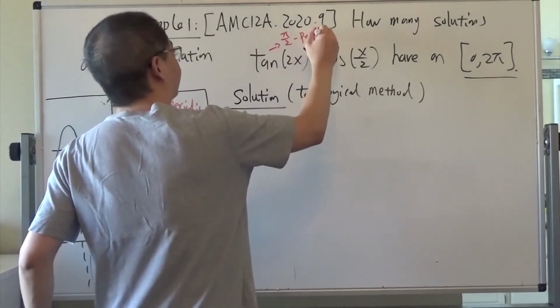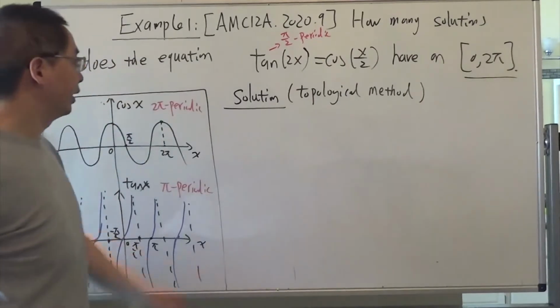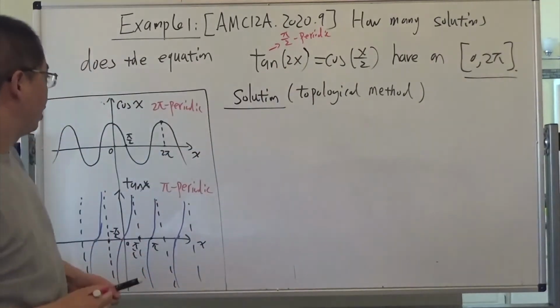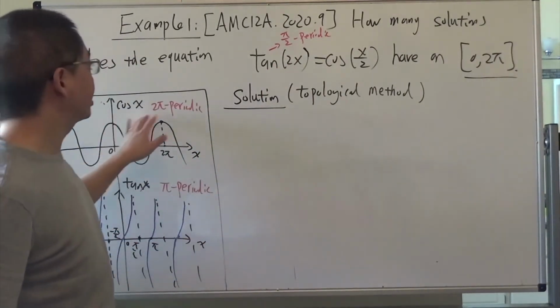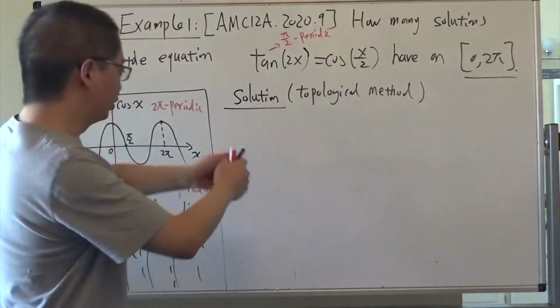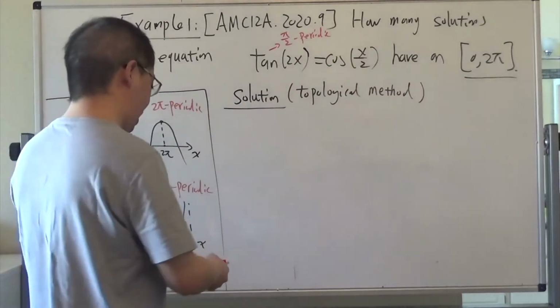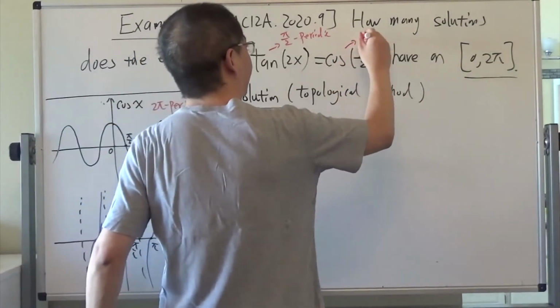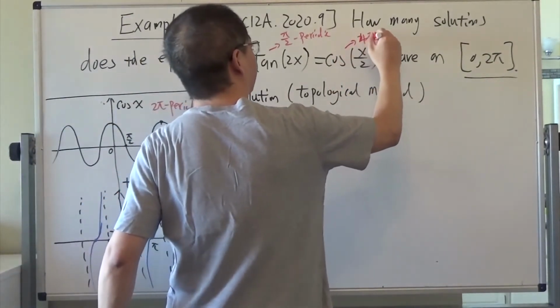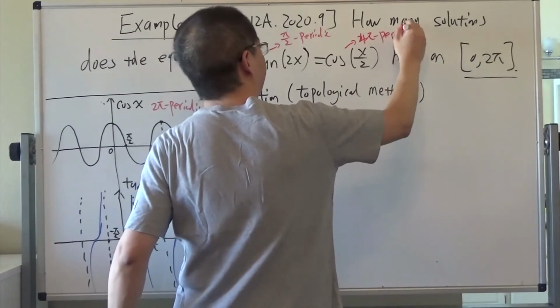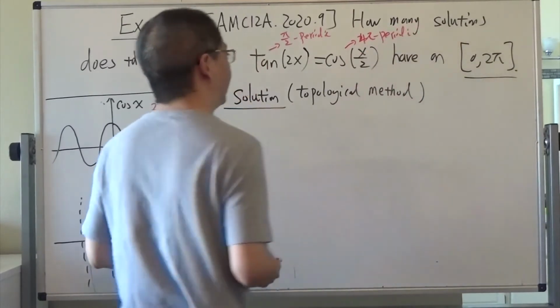Now, if you go from cosine x to cosine x over 2, what you need to do is stretch the graph of cosine x. Therefore, cosine x over 2 is 4 pi periodic.